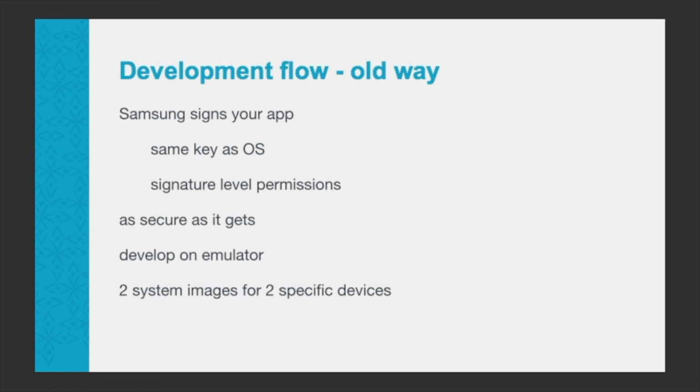Besides that, you got two system images for two specific devices, so you could only test on two specific hardware devices. You decide which one you want, they send you the images, you root the device, set it up, and in your development process you had those two devices that you could test on, nothing more.